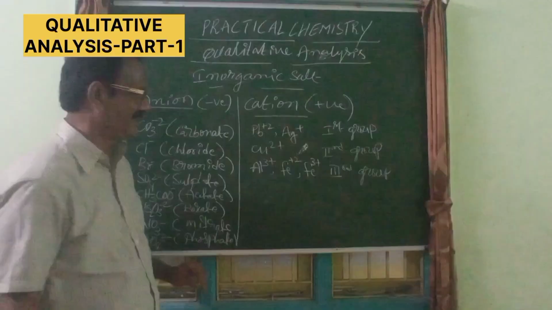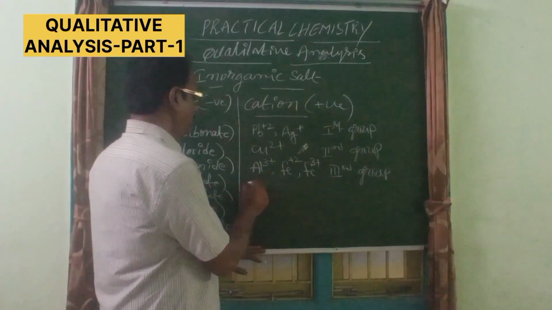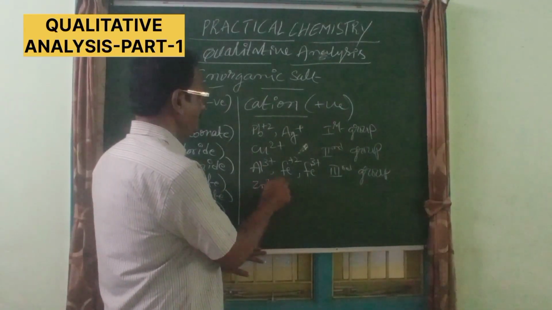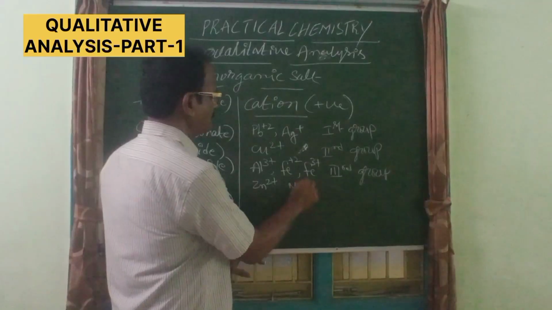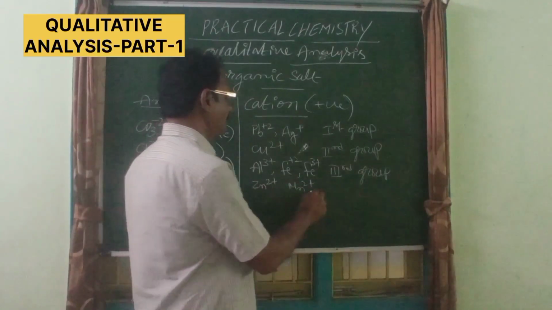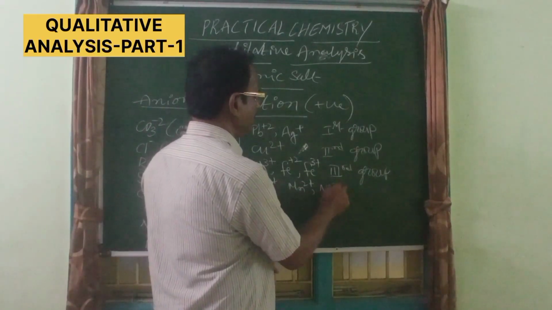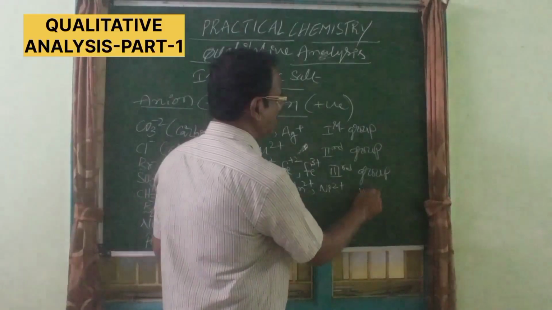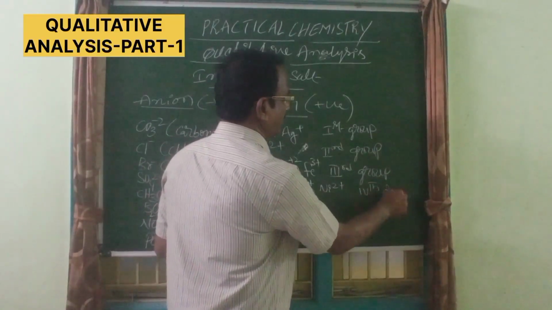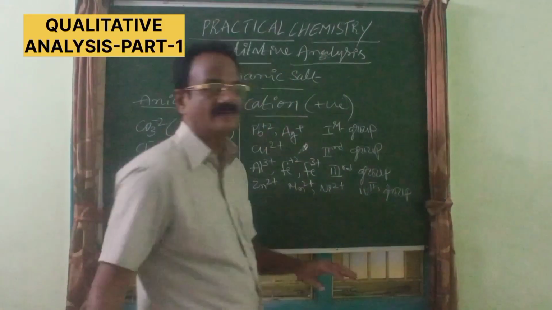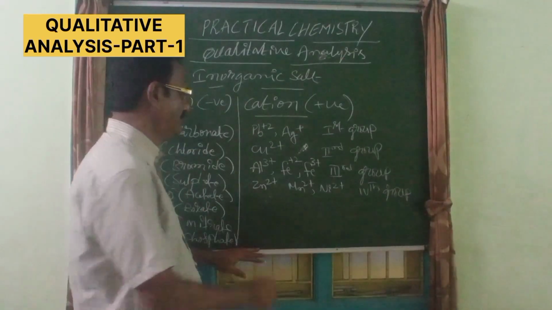Zn2 plus, Mn2 plus, Ni2 plus, these are to be considered as fourth group cations. Is it clear?